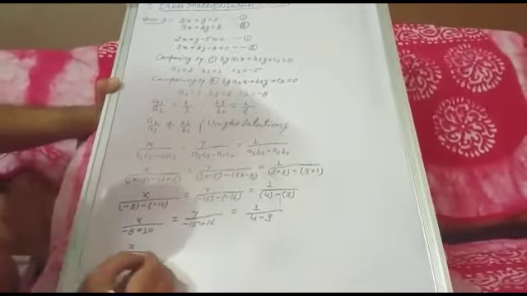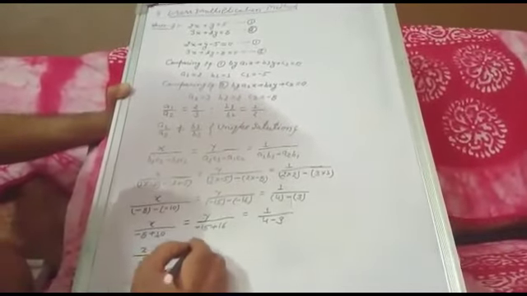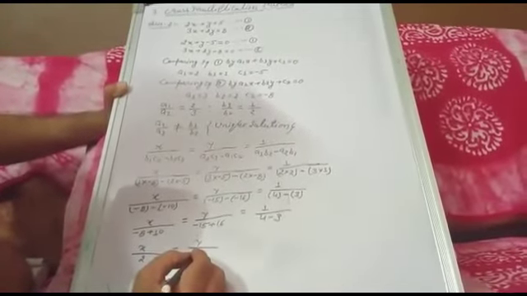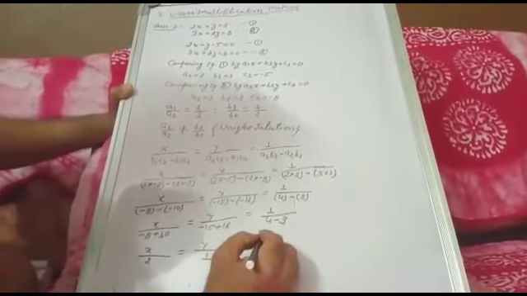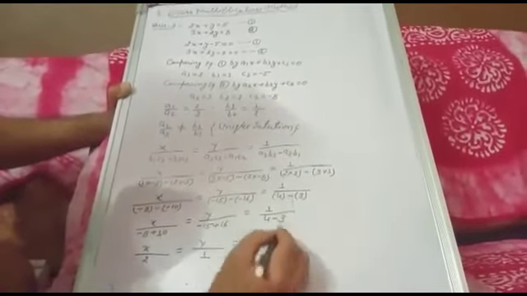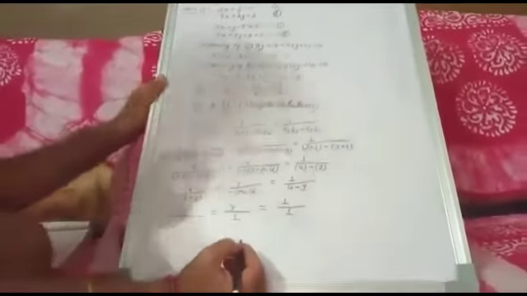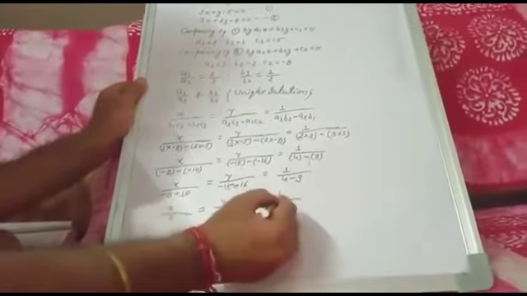So x upon +10 - 8, which is 2, equals y upon +16 - 15, which is 1, equals 1 upon 4 - 3, which is 1. Now we compare the first and last conditions.